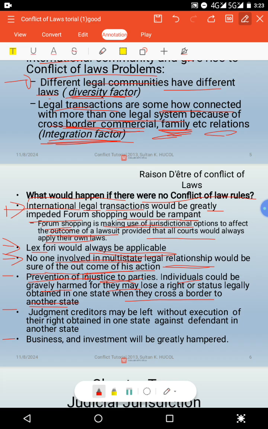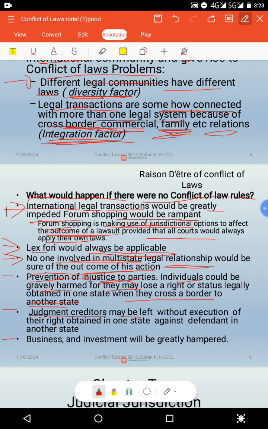The next point is that judgment creditors, whom you may know from the Civil Procedure Code, are creditors for whom the case is decided, the judgment is decided for them, and the debtor, a person who has an obligation to pay something, will pay to them.